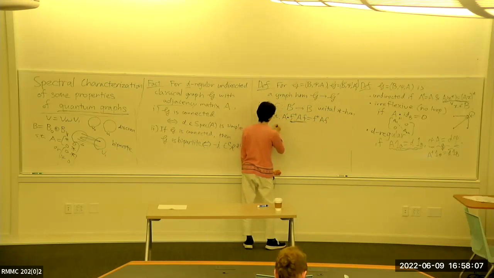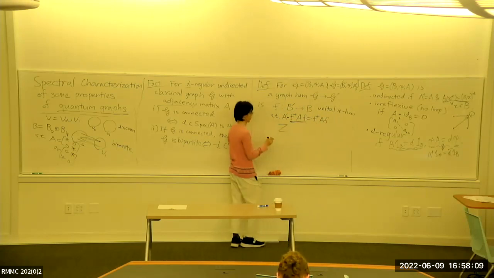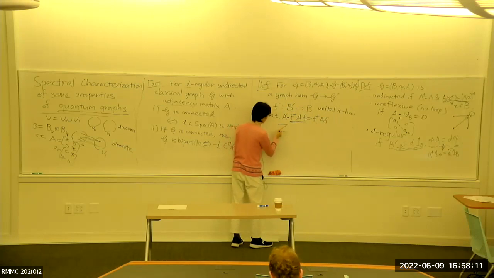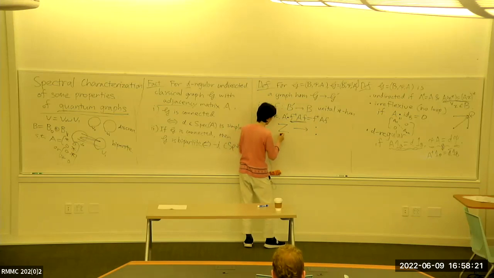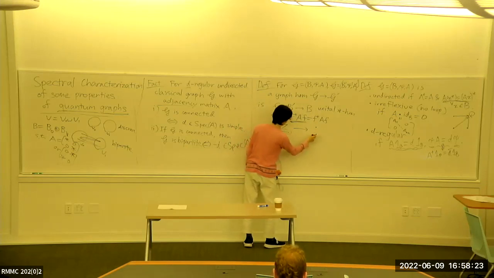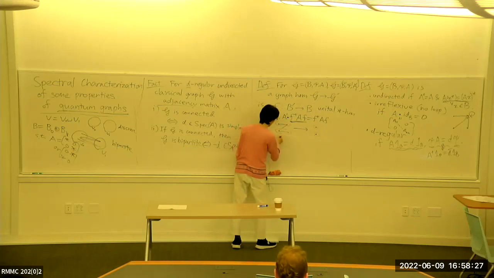If we consider a graph with vertices and edges like this, and a graph homomorphism from this one to these two vertex sets, in that sense these two vertices here and these two vertices here, then the adjacency matrix is of this form.